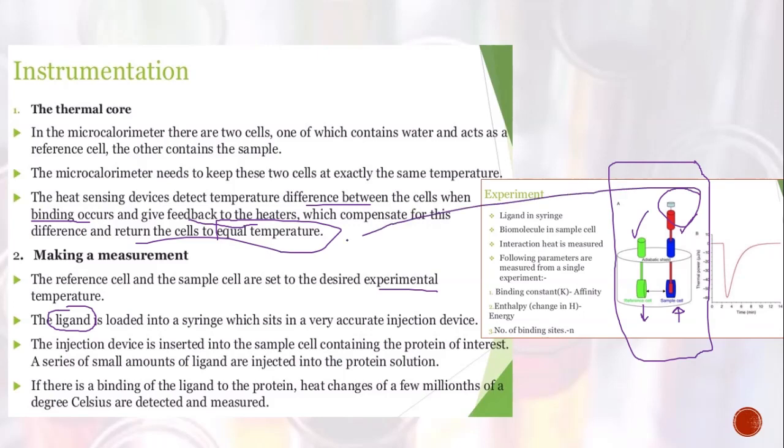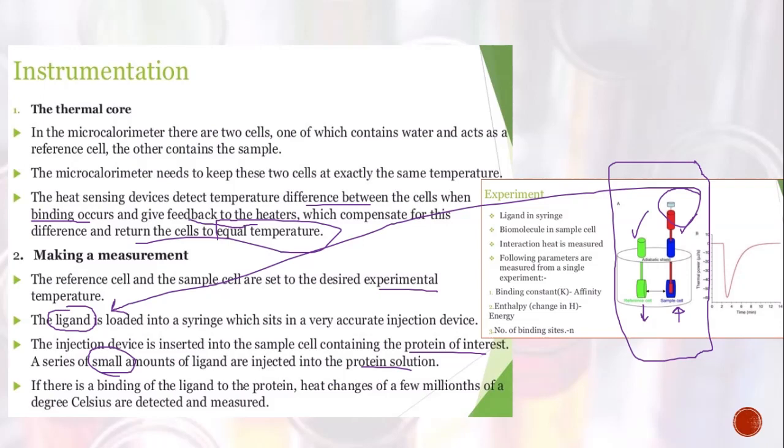This is where you load the ligand. Once you load the ligand, it will start ejecting. So the ejection device is inserted into the sample cell containing your protein of interest, so that a series of small amounts of ligand can be injected into the protein solution, so that we can monitor the binding between our protein and our ligand in small amounts, that is titrated amounts.